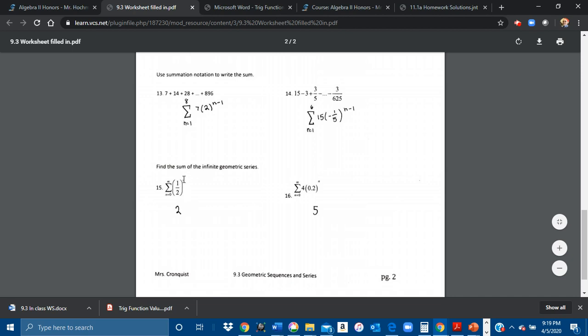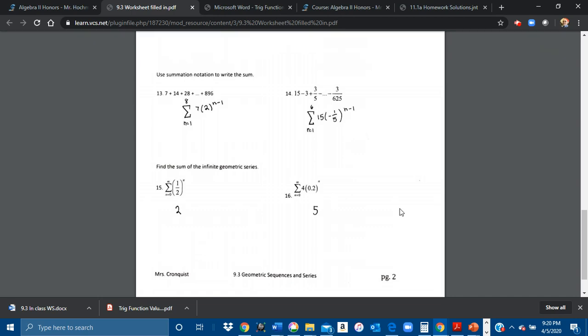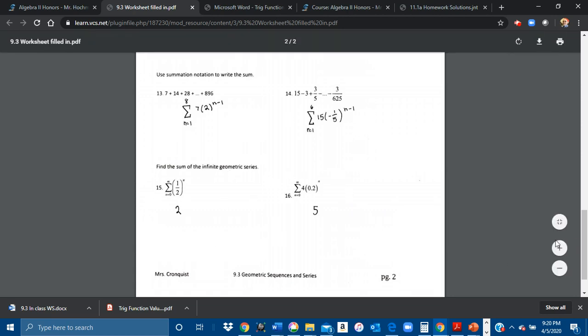Don't put the 1/2 inside and then to the nth power. It's going to have an extra set of parentheses on your calculator. And it should come up with 2. Again, here, substitute 100 for infinity. Put this whole thing inside a set of parentheses. Should come up with 5. So I would strongly suggest practicing those on your calculator to make sure you can come up with these answers, because that's really going to help you on the homework.